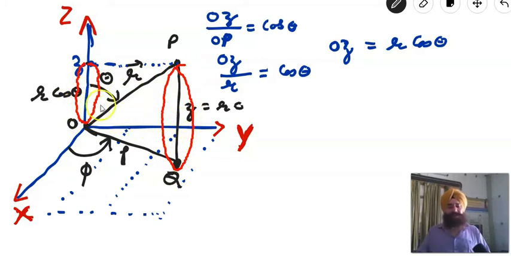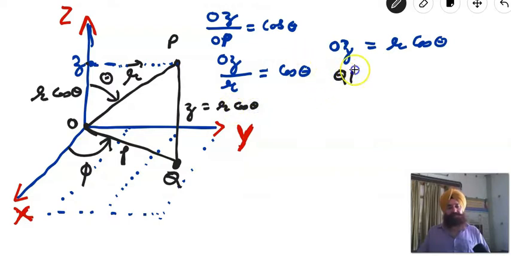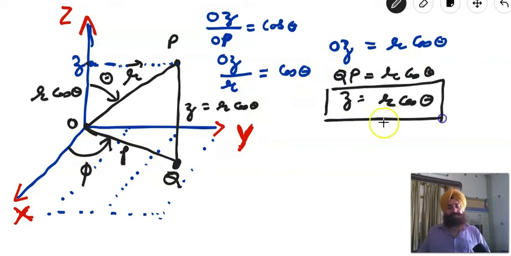It is not very clear in the figure, but this line is equal to this line. So this line also has the value r cos theta. So that means z equals r cos theta.